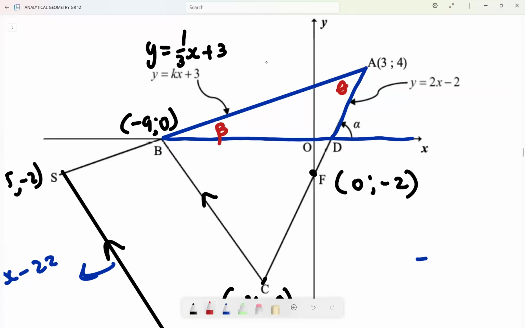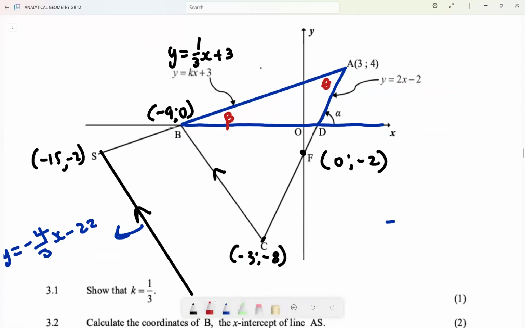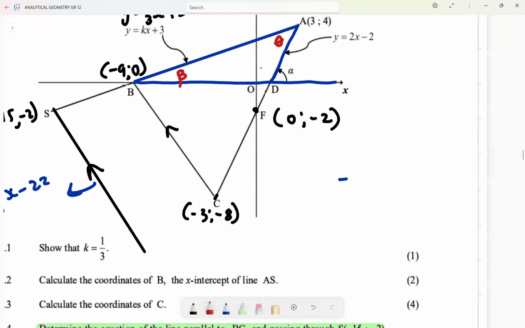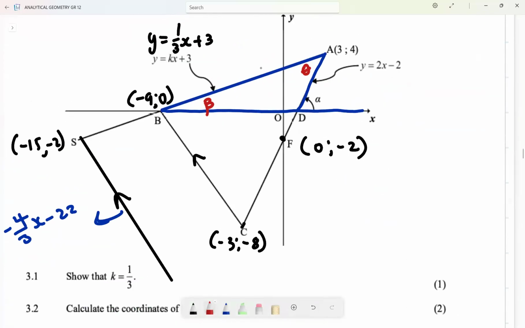I can name this angle beta. To find theta, the angle they want, BAC, this angle here, I need to find first alpha and also find beta, but it's easy because I have their respective gradients. We know that gradient is equal to tan of some angle.